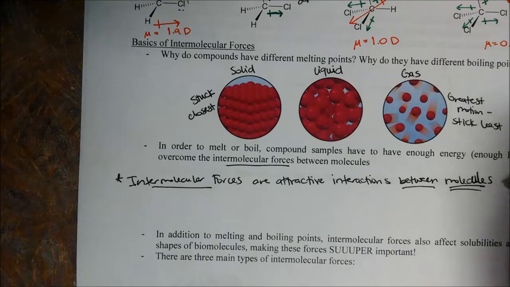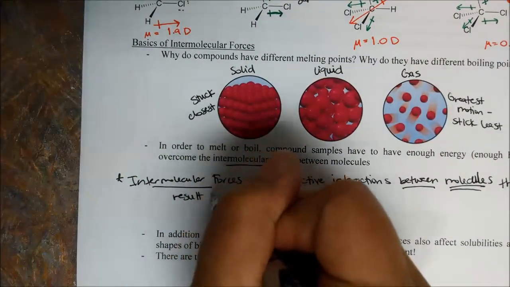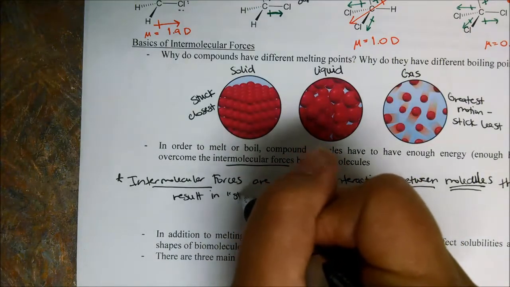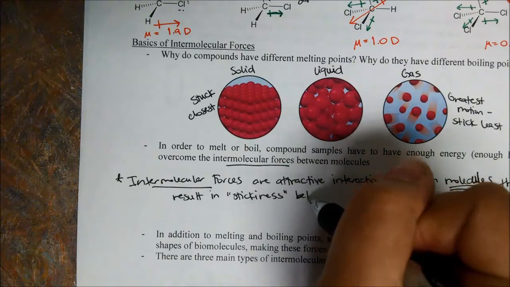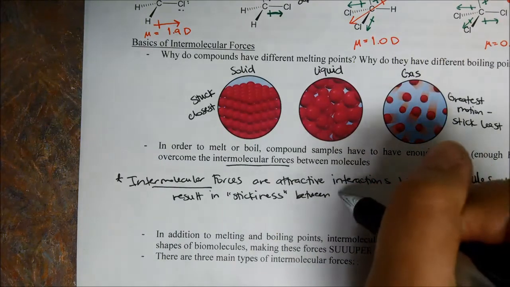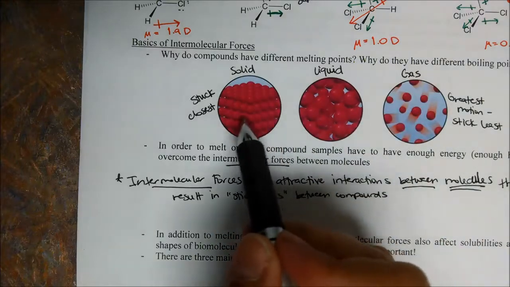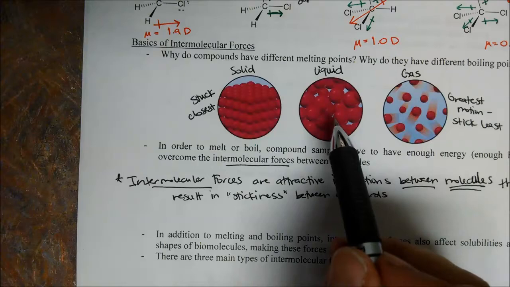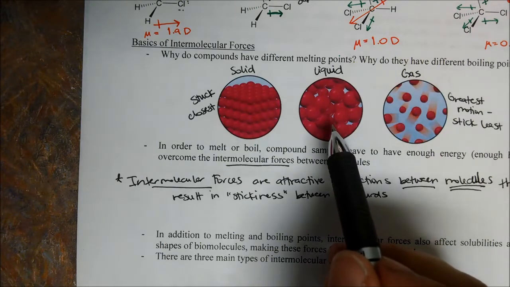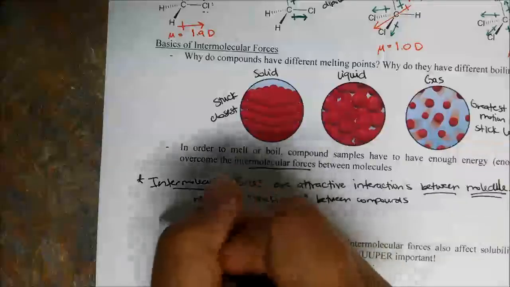And they result in what I like to call a stickiness between compounds. So again, there's something holding them all ordered like this in the solid phase, and those are intermolecular forces. Same with the liquid. Something holding them together, they're sticking together, and those are intermolecular forces. And again, these are importantly between molecules.